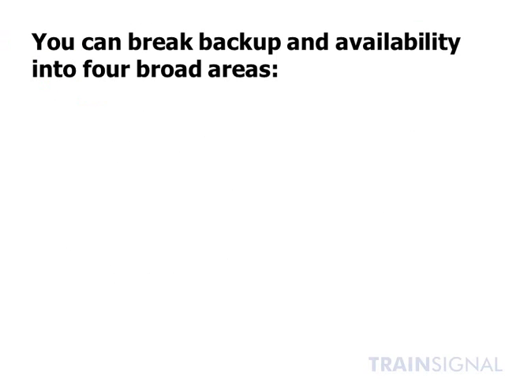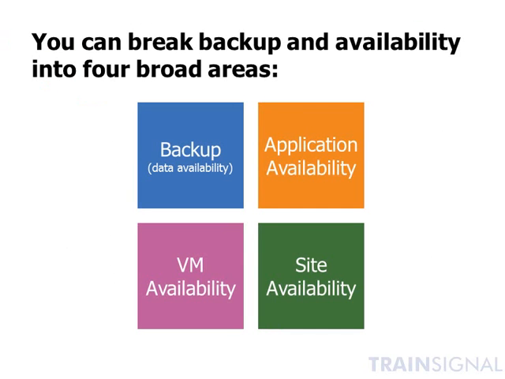So what do we need to include when we talk about specifying backup and availability in our logical design? At a broad level, we can basically categorize backup and availability into 4 buckets or 4 areas. We can talk about the actual backups themselves, or to bring some consistency to our terminology, we can talk about data availability. How do we ensure that we have the data available in the event of something happening?